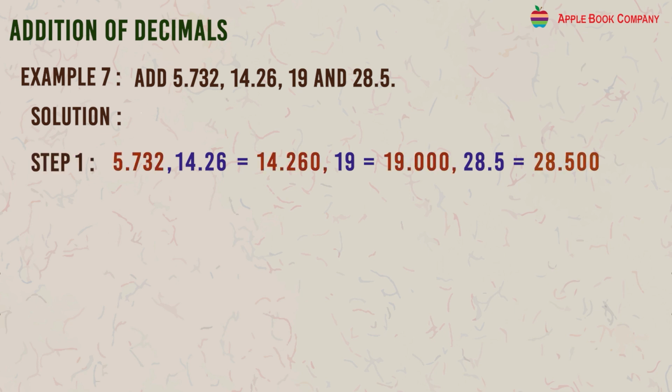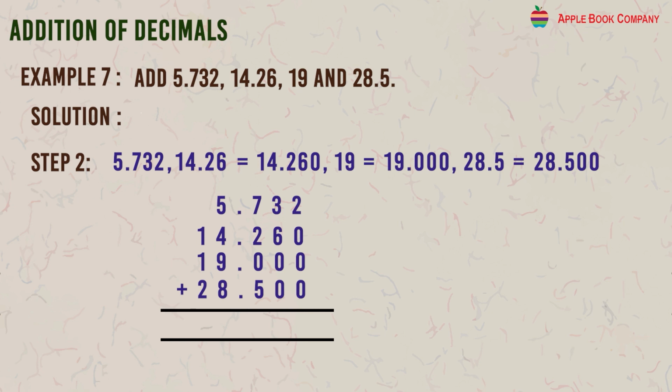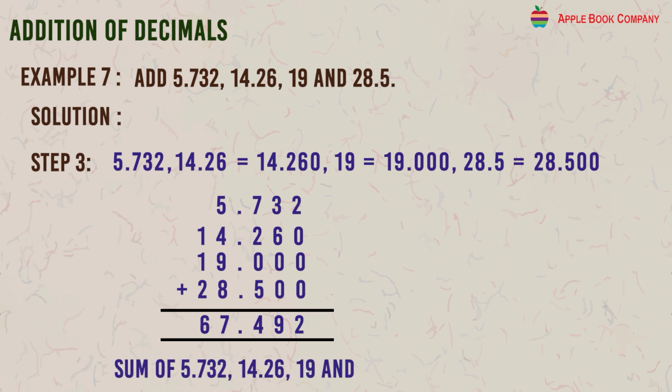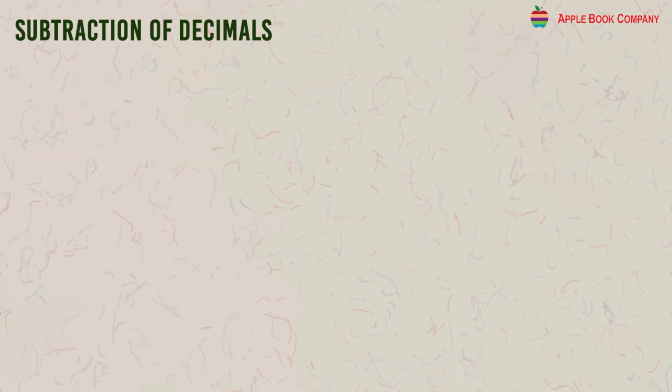So, step 1 is to convert to like decimals. Step 2, arrange the numbers column wise. Step 3, add as the ordinary numbers. And the sum of 5.732, 14.26, 19 and 28.5 is how much? 67.492. Very good.